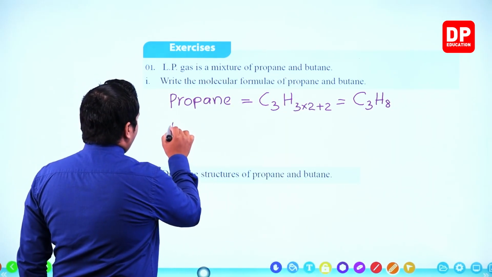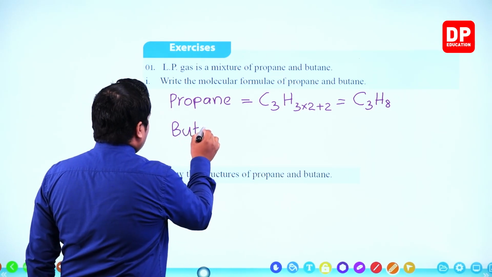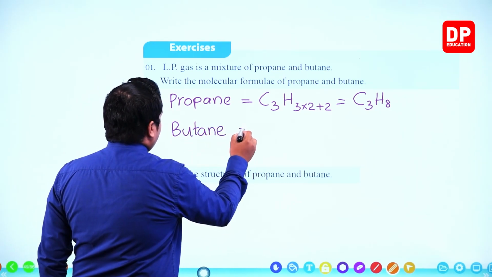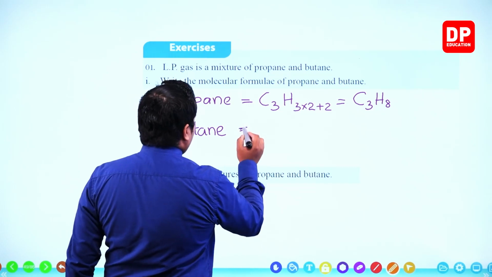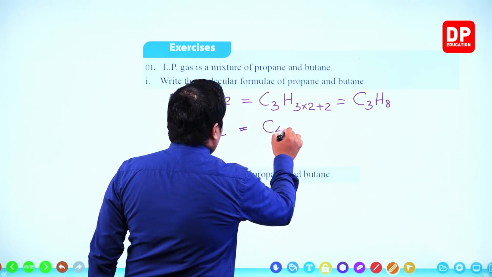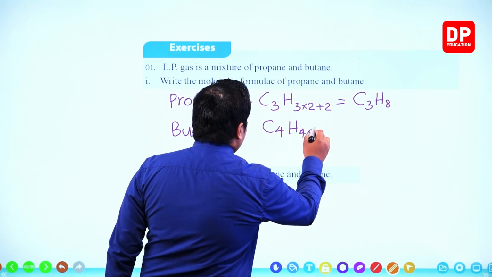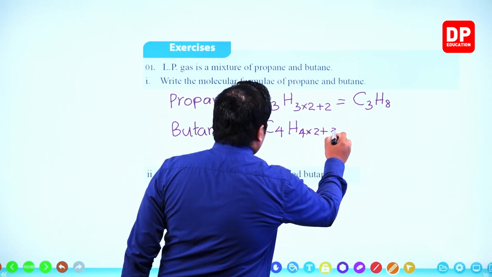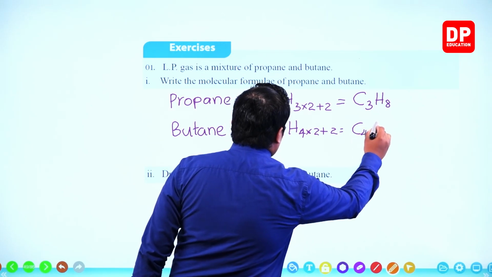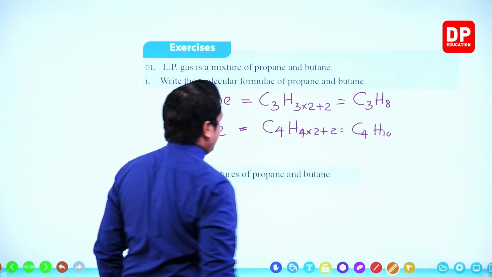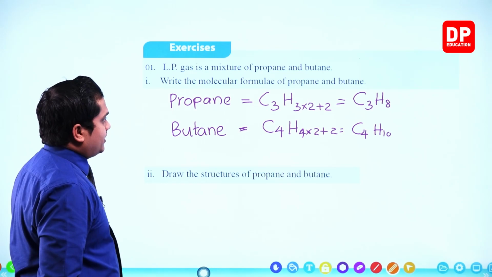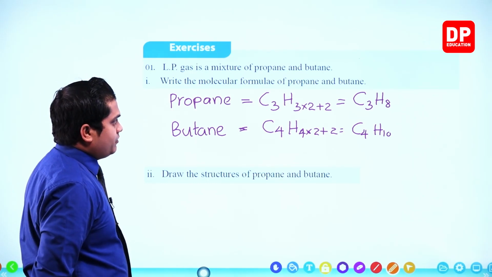Next one, butane. C4H, 4 times 2 plus 2, C4H10. Right? The molecular formulae for propane and butane.